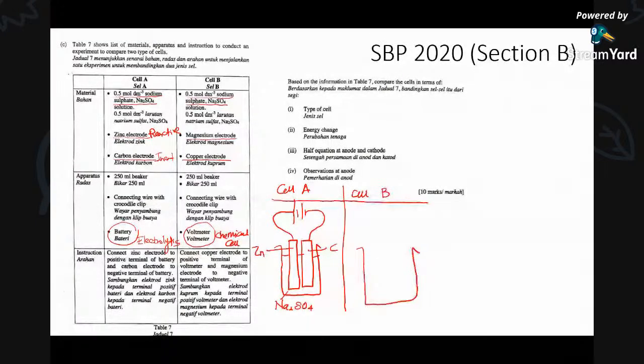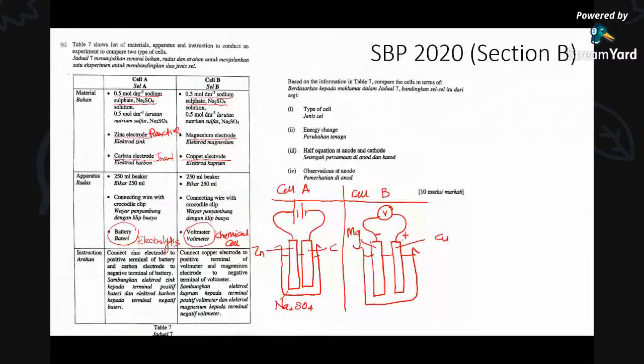A. Magnesium and copper. Connect copper electrode to positive terminal. Positive terminal of the voltmeter. Okay, so voltmeter. Okay, so magnesium and you have the other one more is copper.